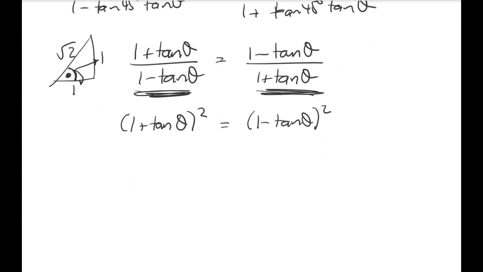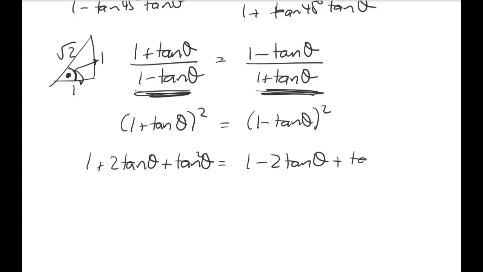And expanding both of those shows me that I get a lot of stuff that simplifies away. What have I got here? 1 minus 2 tan theta plus tan squared theta. So I can subtract 1 from both sides, and I can subtract tan squared theta from both sides. That leaves me with 0. Well, let's go the other way around.